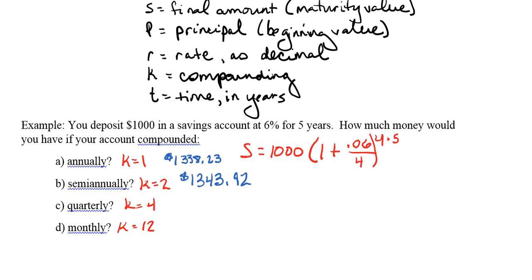This time I end up with, at the end of 5 years, $1,346.86. It's going up a little bit more each time. And last but not least is if I compound monthly, so I'm going to change the 4 to a 12, because monthly is 12 times a year.